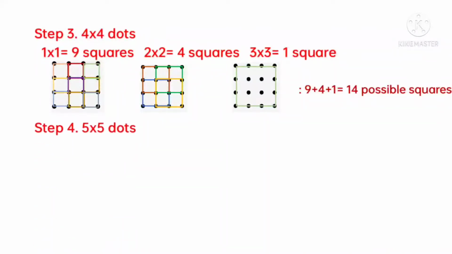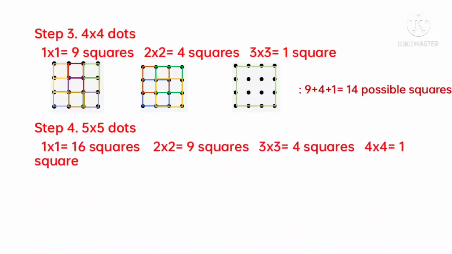Now, sa step 4 na tayo, 5 by 5 dots. Yung squares na pwede nating i-draw dito is 1 by 1, which is 16 squares, 2 by 2, may 9 squares, 3 by 3, may 4 squares, and 4 by 4, may isang square.